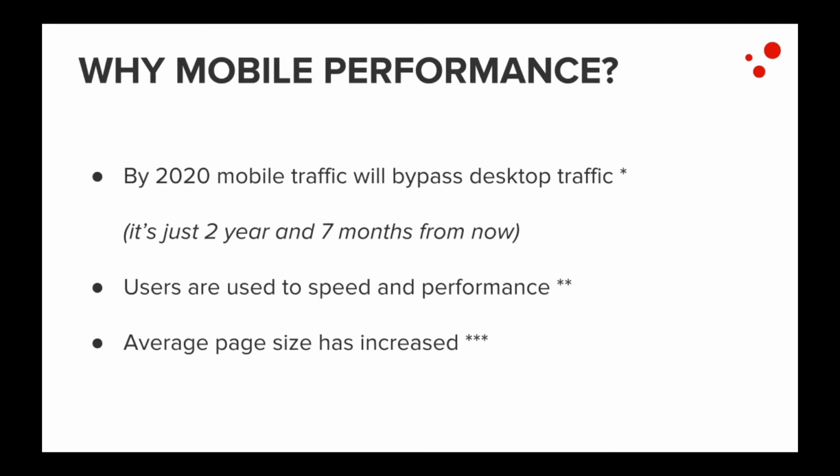On top of this, we got used to speed, but also the average page size for each website has increased. Just to give you some numbers, in 1995 the average page size was 14K. In 2010 it was around 700 kilobytes. And in 2016 it was around 2,500 kilobytes.